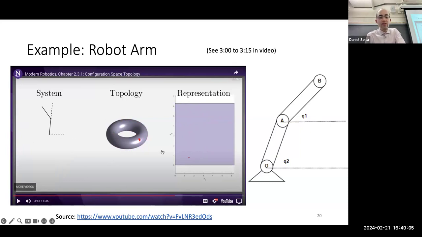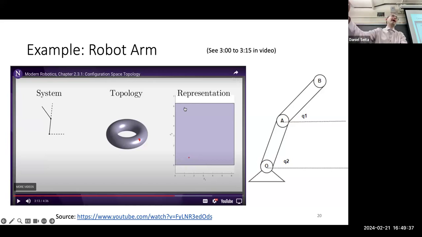So do you see what's going on in this animation? You have a system which is the same as what we're showing here. This is the visualization of the topology, where every single point, like this point on the torus surface, represents one configuration. So every single configuration of this system can be identified by one point here. This thing is just how we choose to represent it in our code or map, for example.